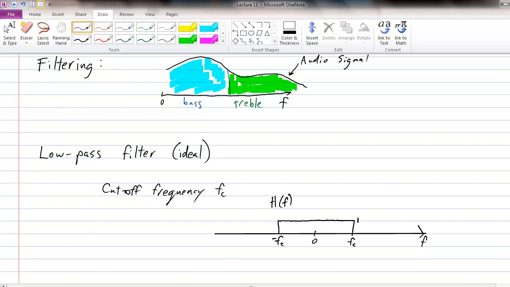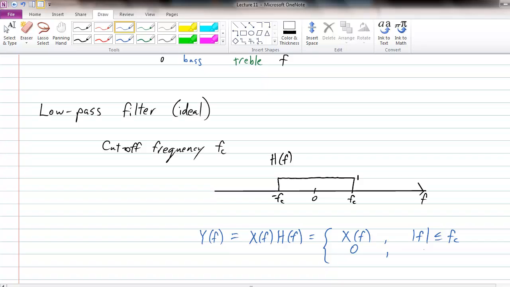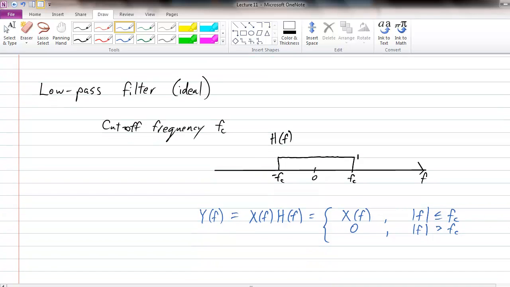And if we could design a frequency response for a linear time invariant system that looked like this, then what comes out of our system is simply y of f equals the product, which equals x of f for small f below the cutoff frequency, and 0 for large frequencies. So this we would call an ideal low-pass filter.